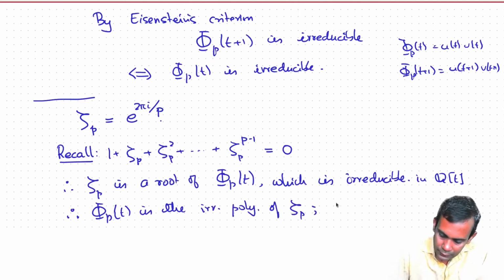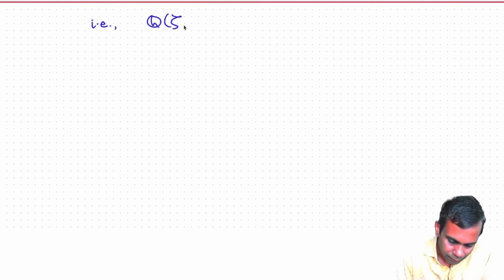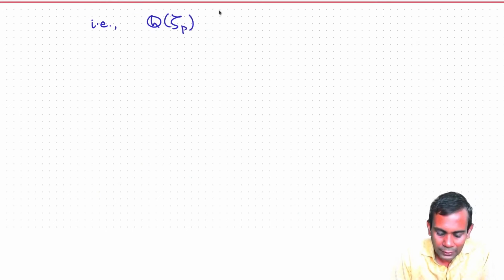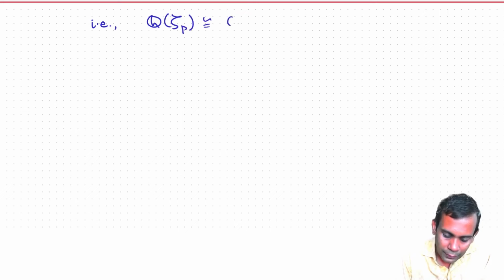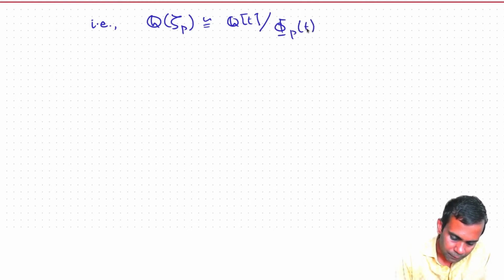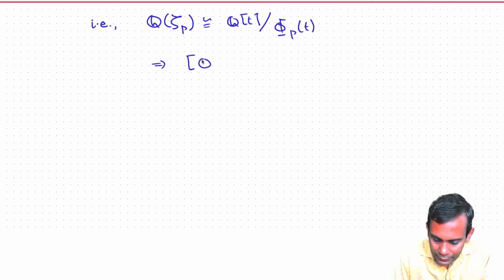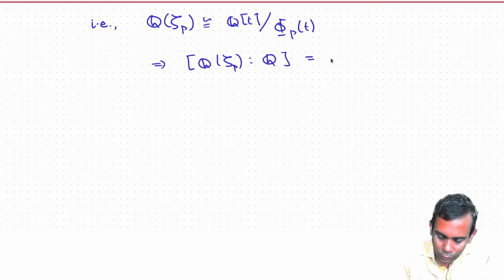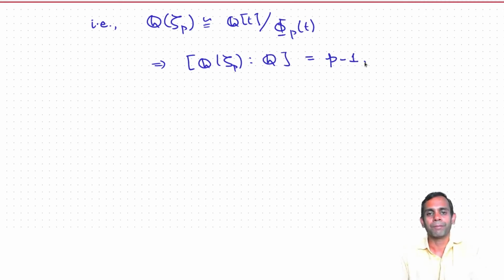In other words, if I look at the subfield of the complex numbers generated by zeta p, this is isomorphic to Q[t] mod phi p t, which implies that the degree of this extension is equal to the degree of this polynomial phi p t, which is p minus 1.